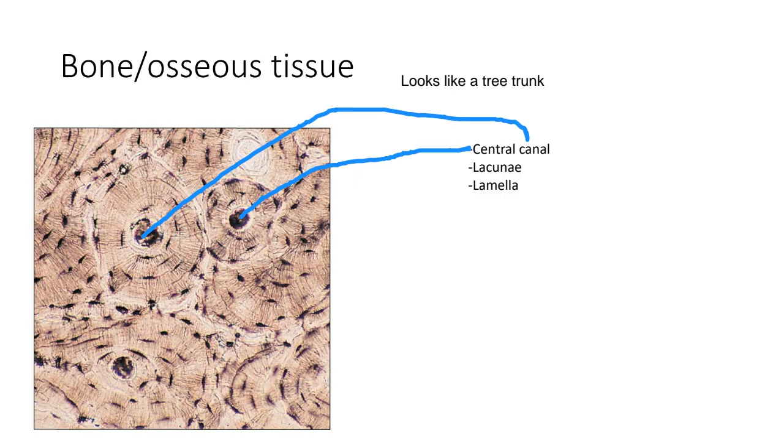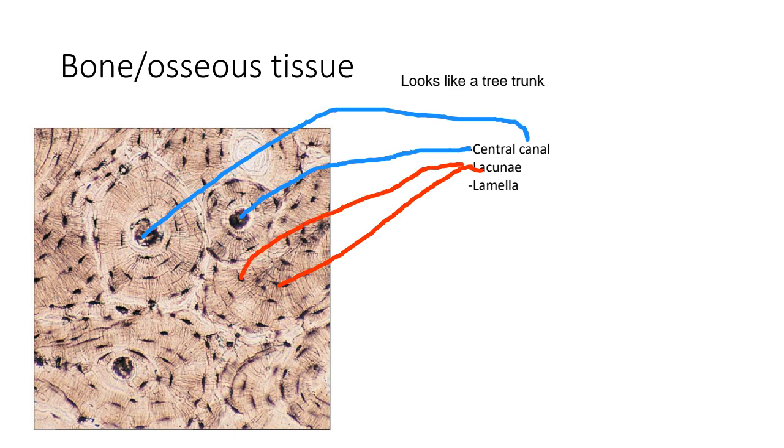The lacunae are those black dots that you see on there. All those black dots, like that one, or that one.